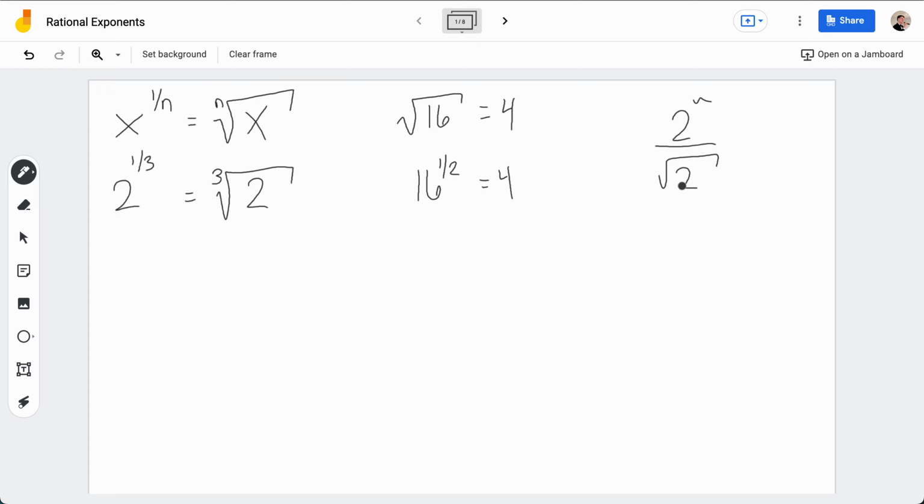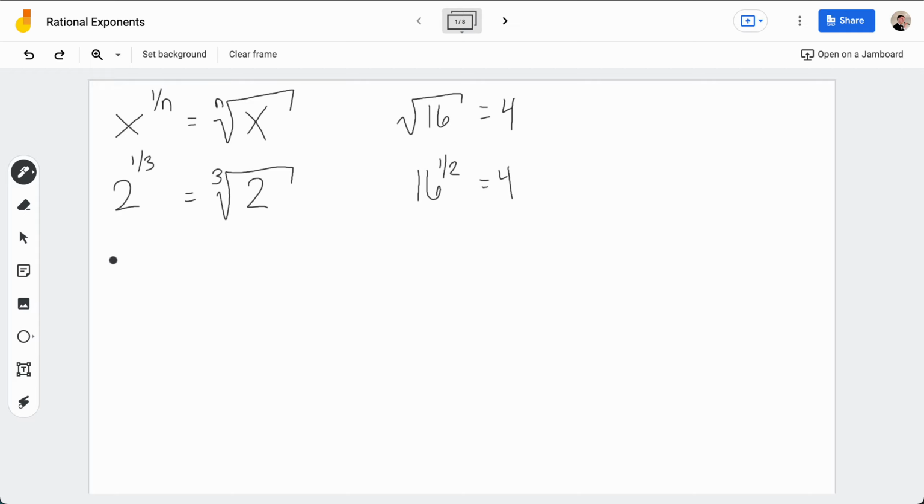There's nothing I can do to simplify these. But if I turn this radical into an exponent, radical being the word for the root symbol, then suddenly I can use my exponent rules. I can subtract this minus whatever the thing is here. So it unlocks more simplification ability when we're working with expressions.